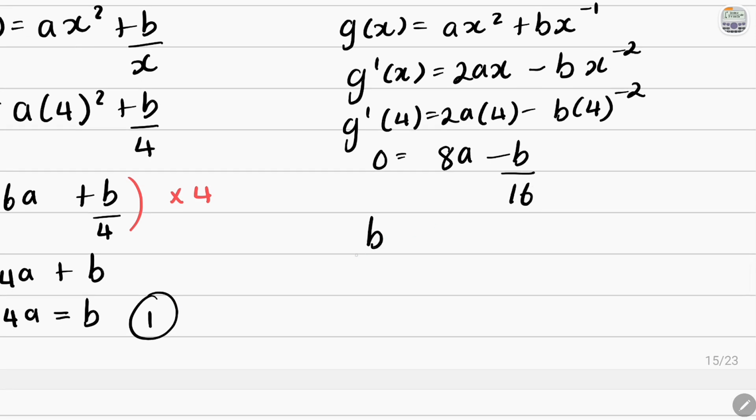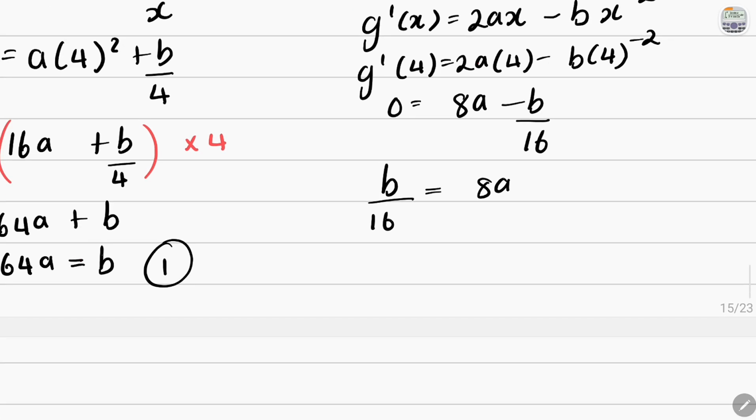So transpose it, it's b over 16 equals 8a, and multiply both hand sides by 16 to get b alone. So b is finally equal to 8 times 16, that is like 8 times 8 is 64, and then times 2. 64 times 2 is 128. So this is 128a, and this is equation 2.